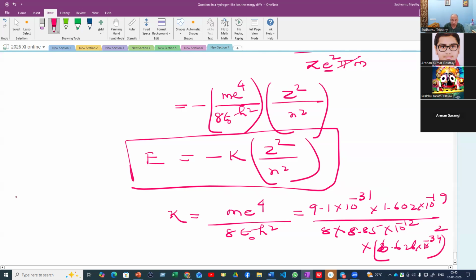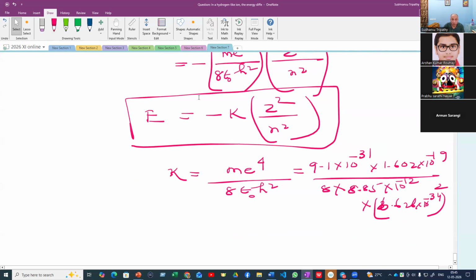All put in SI units, the value you will get is 2.18 into 10 to the minus 18.